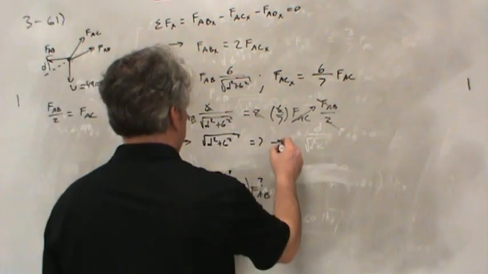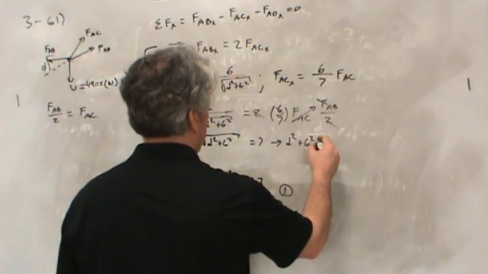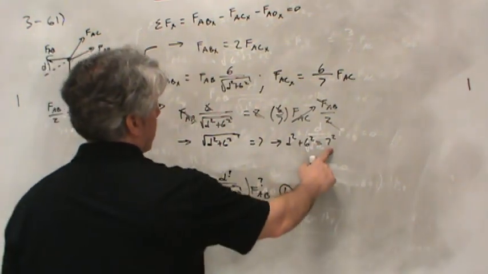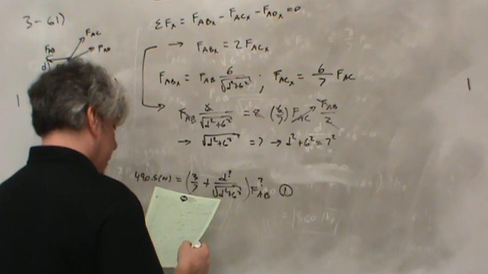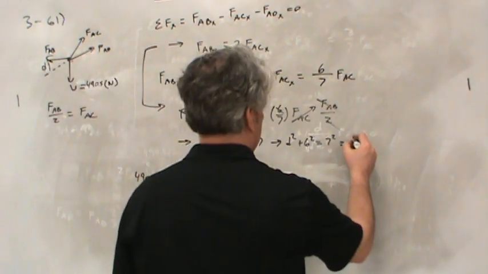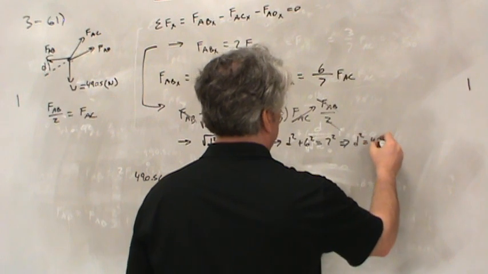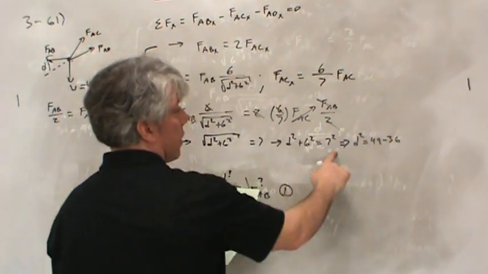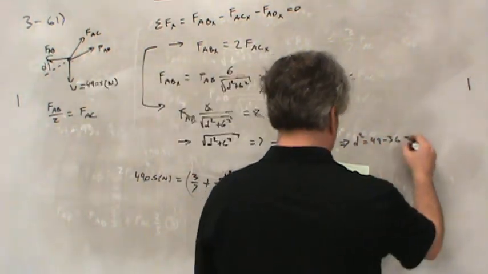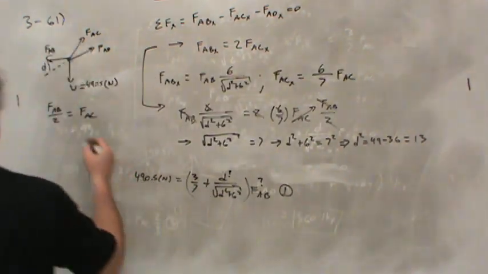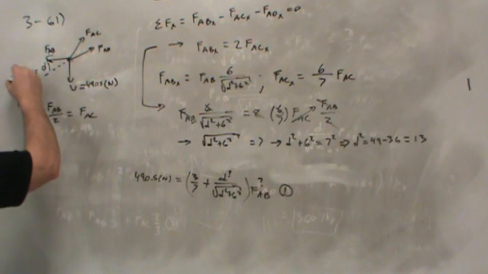If we square both sides, we'll find d squared plus 6 squared equals 7 squared. Well, 7 squared is 49, and 6 squared is 36. So d squared equals 49 minus 36, just moving this 6 squared to the other side. That number comes out to be 13. So in other words, this length d is the square root of 13.